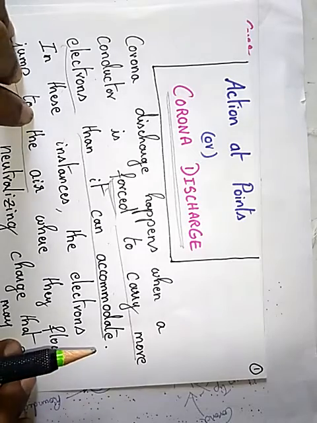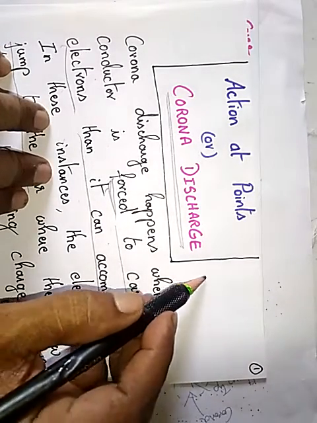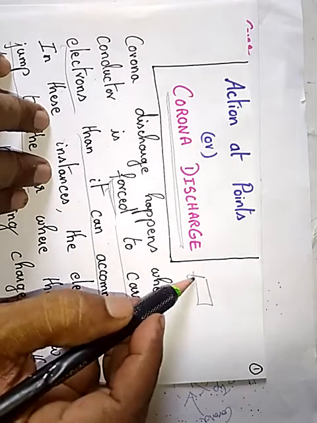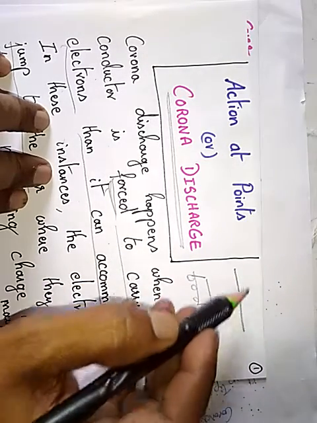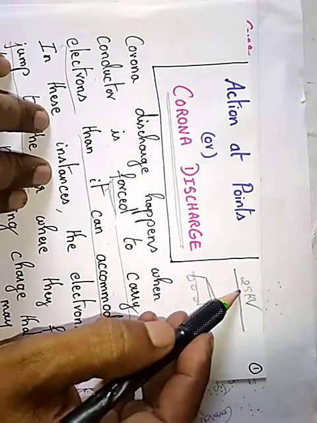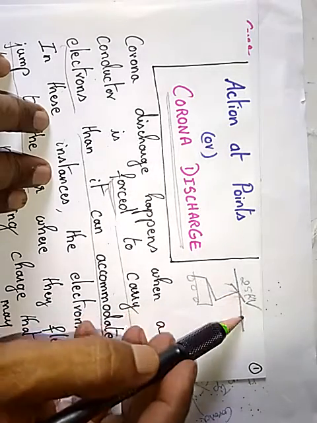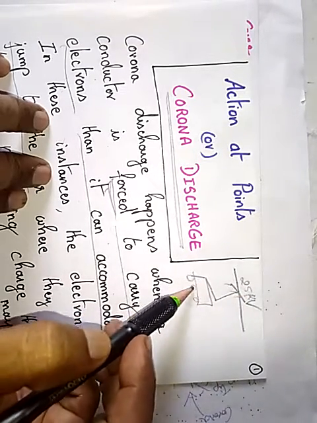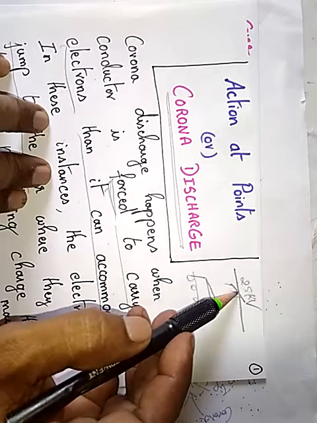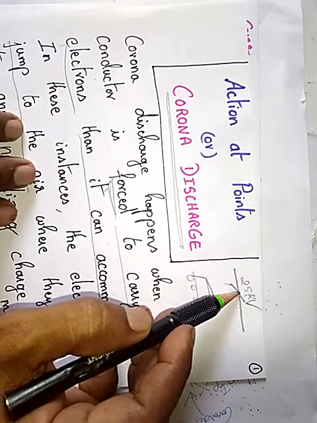What happens if you see the locomotive and all? The locomotive is here, it runs on the rails, and you have a 25 kV line. Now the pantograph usually will be touching here. This is the pantograph. From this overhead line, this 25 kV comes to the locomotive. Whenever it is touching, no problem, there is no air gap.